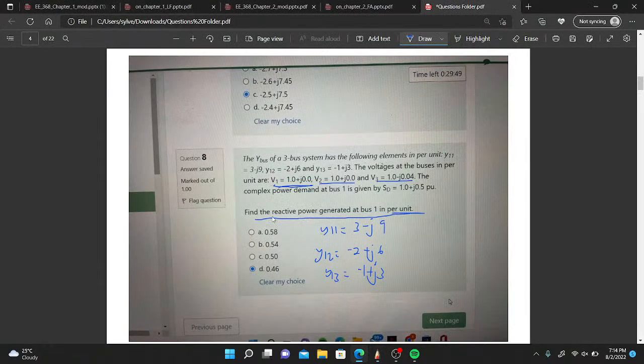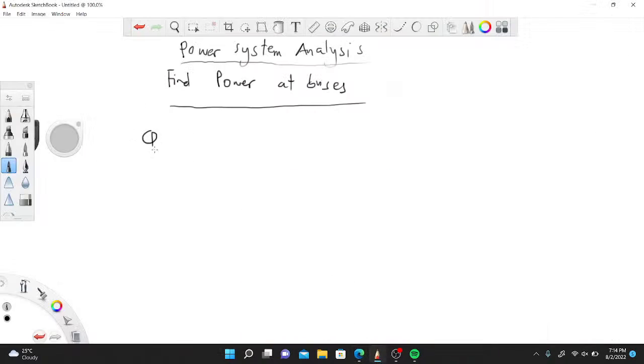We're supposed to find QG1. We know that Q1 is equal to QG1 minus QD1. So if I find Q1, I can then add it to QD1 to give me QG1.